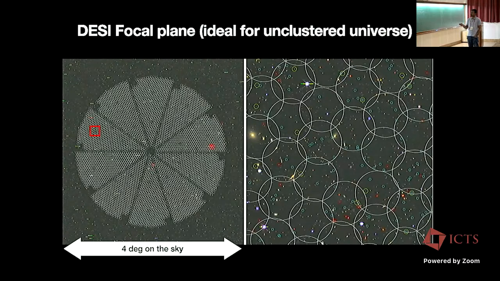There are other galaxies which are not circled, which we are not targeting. They're part of the other 96% sample. So you can see within the reach of this one fiber, there are 12 galaxies. But one fiber can only target one galaxy at a time, right? Because you have to take light from one source and do the spectroscopy.